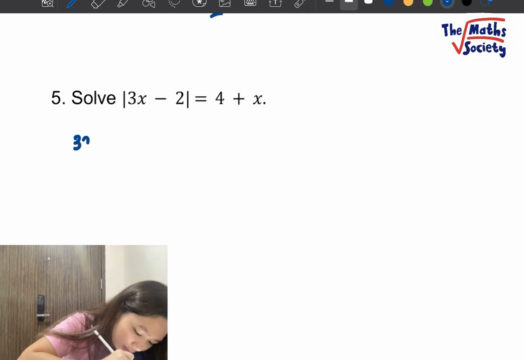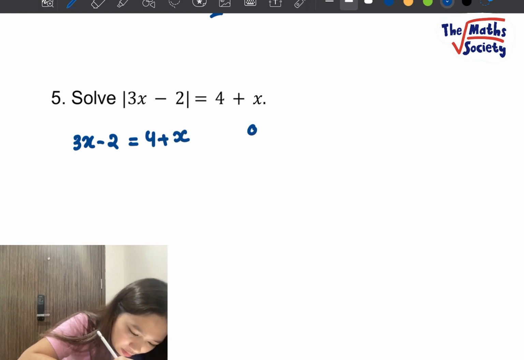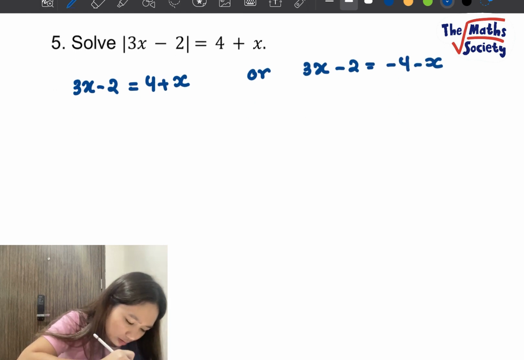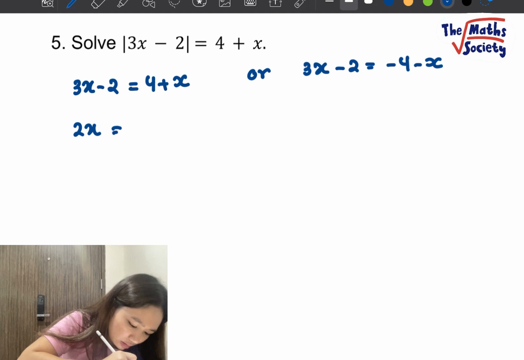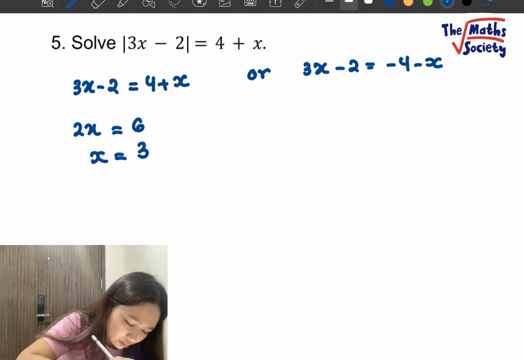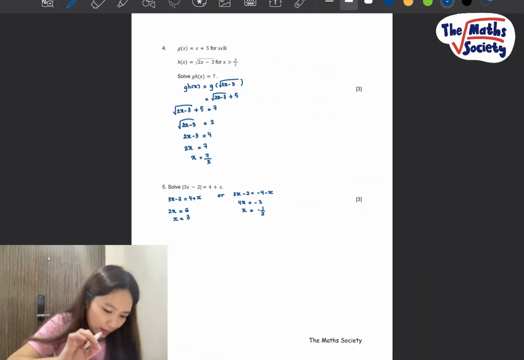So 3x minus 2 is equal to 4 plus x, or 3x minus 2 is equal to minus 4 minus x. So let's solve this one. So 2x is equal to 6, so x is equal to 3. For this side, it's going to be 4x is equal to negative 2, so x is equal to minus 1 by 2. And that's it.